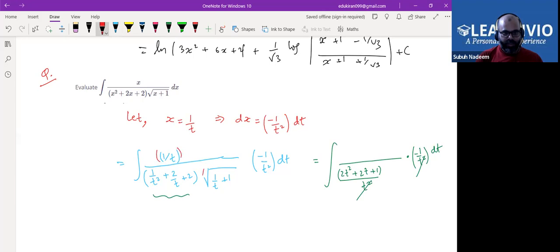This 1 by t and this, it will be root over t into 1 plus t, because t by root t will be root t and this will become like this. And here it will be 1. Right till here.